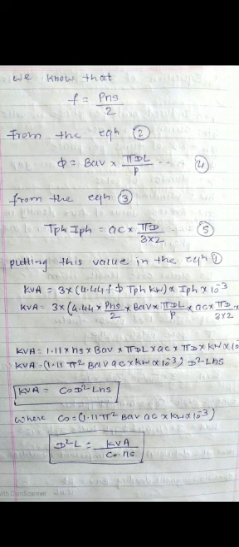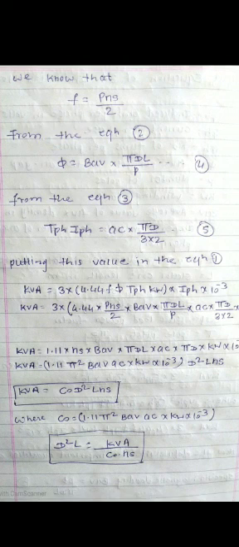Now put in the values we already derived. First put the frequency value: F is equal to PNS divided by 2.